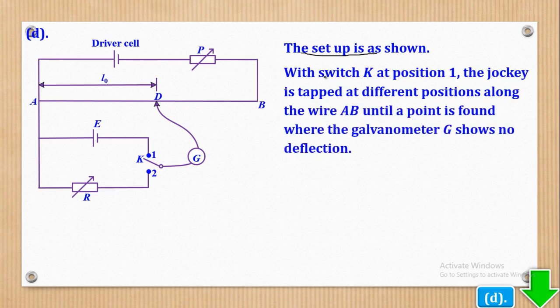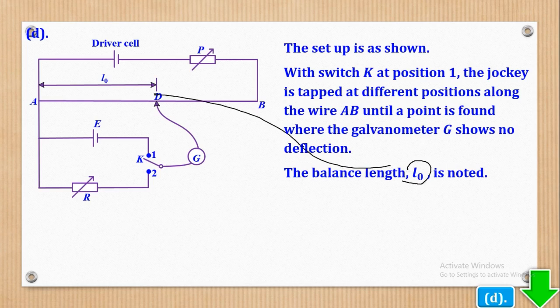Like I told you, in such experiments you must be keen with the switch. The switch is placed in contact with position 1 here, meaning that this circuit is complete and this one is incomplete. Therefore, with the switch at position 1, the jockey is tapped at different positions along the wire AB until a point is found where the galvanometer shows no deflection. The balance length L0 is noted.